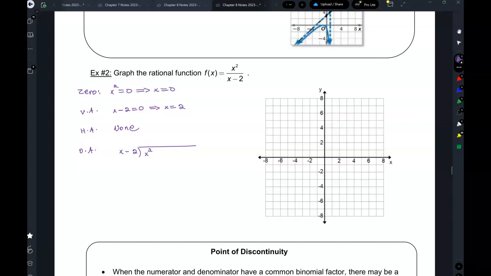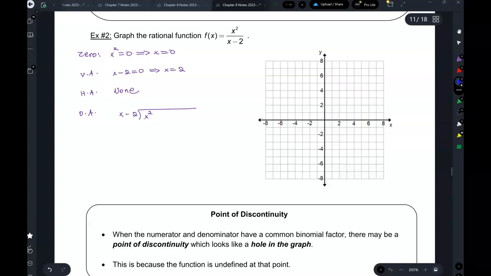Okay? Let's do long division. So x squared, divide that by this, and I'm going to get an x. Multiply through, and I get x squared minus 2x. Now I need to add a plus 0x here for this to work, right? So remember what we did at this point? We change the signs and we add. So I get 2x, right?